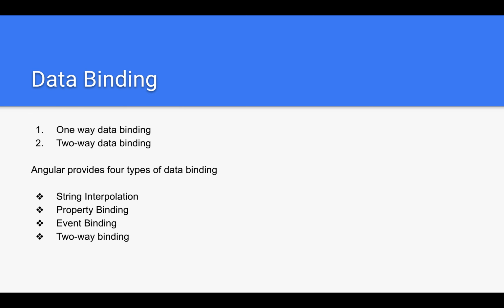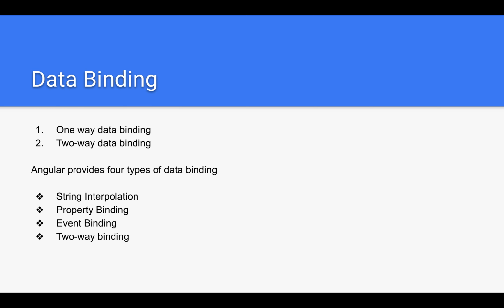Data binding can be either one-way data binding or two-way data binding. The binding of data can be done in two ways. First of all, we'll see one-way data binding.